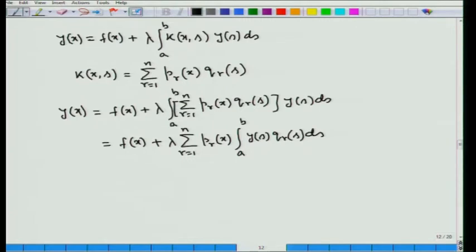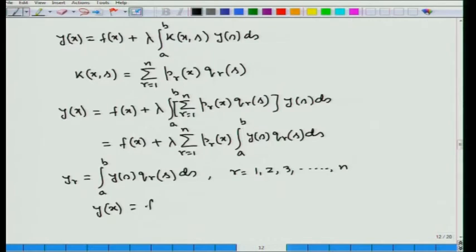So, if we introduce the notation y_r, which stands for integral a to b y(s) q_r(s) ds, where r = 1, 2, 3, up to n, then the expression comes out to be y(x) = f(x) + lambda sigma r running from 1 to n y_r p_r(x).